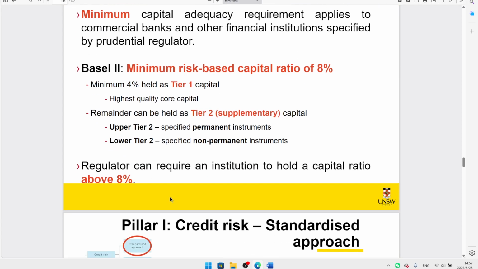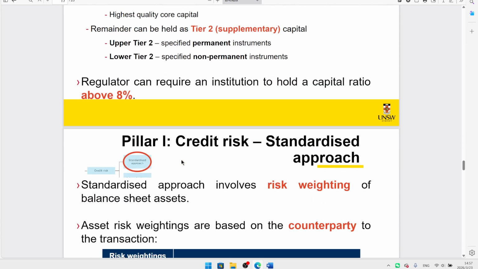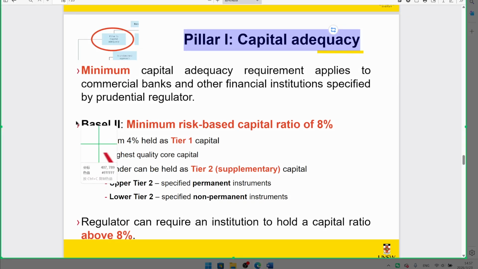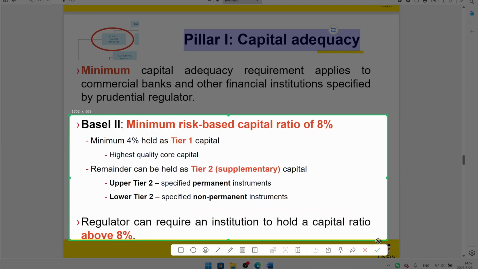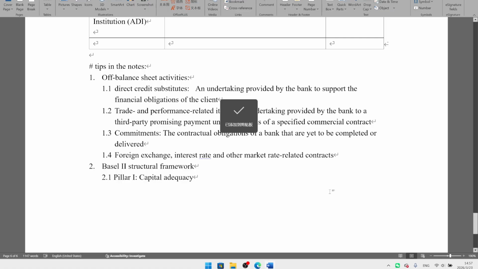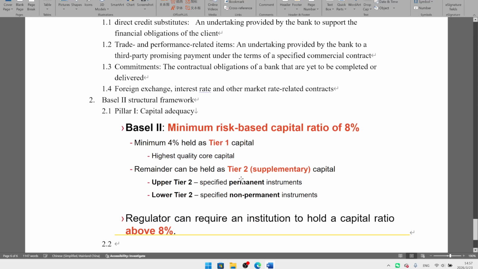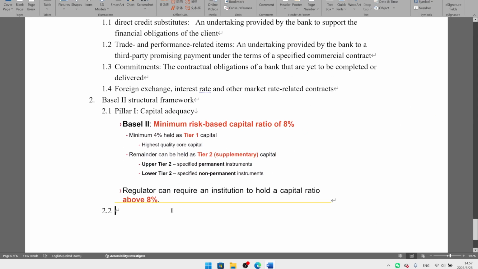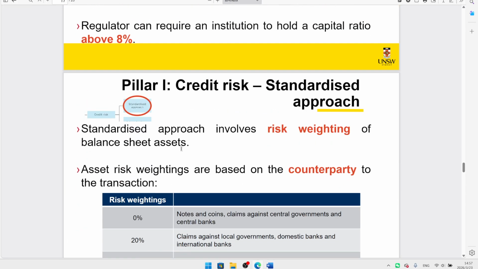The regulator can require an institution to hold a capital ratio above 8%. It's not very difficult for calculation, but it's important to remember the concepts.